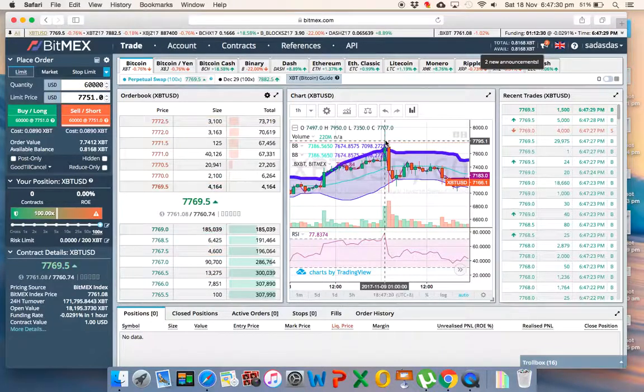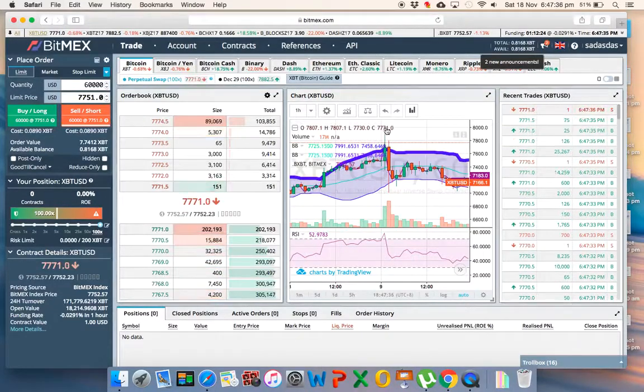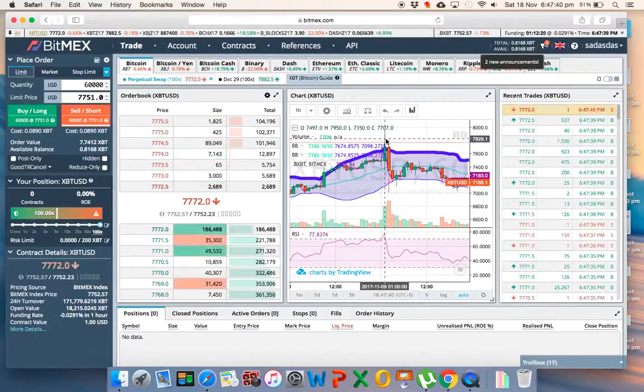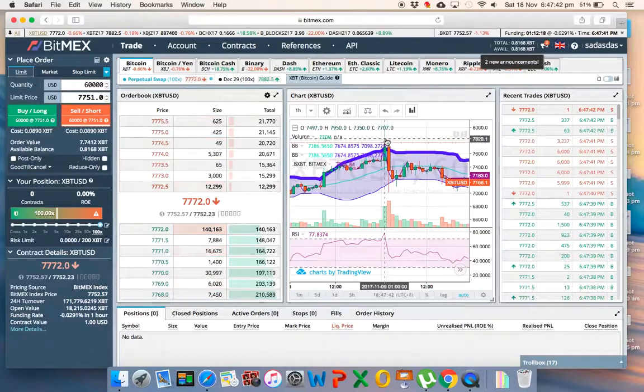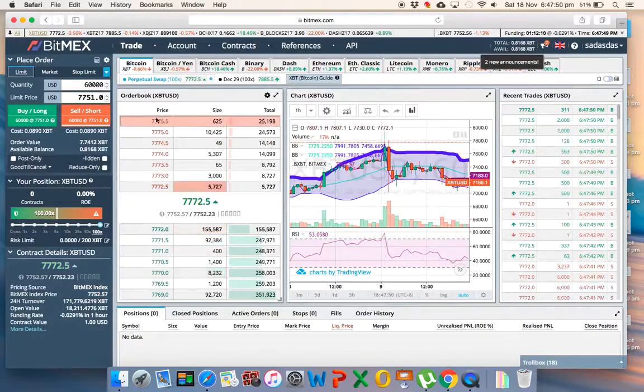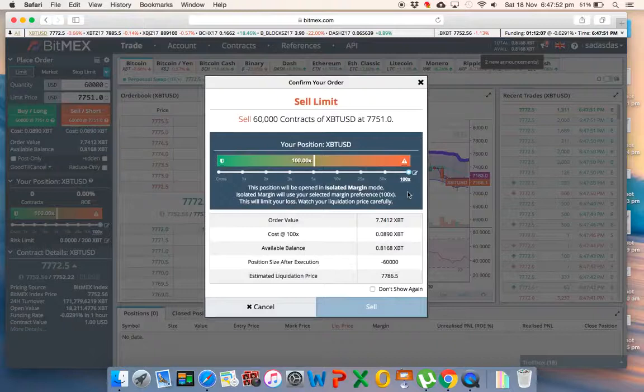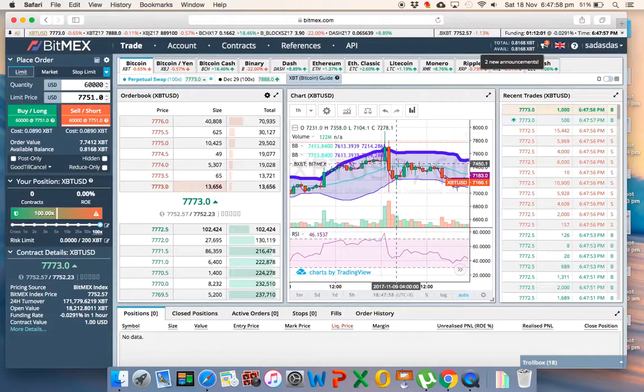And what happened was that the price shot up by almost $200 for nothing, and I got liquidated immediately. Because I did 100 times, because I knew it was going to go down since it was way too high and there was going to be a retracement somewhat, but simply because I shorted at 100 times, the liquidation value was very close to the actual value, so I got liquidated immediately.